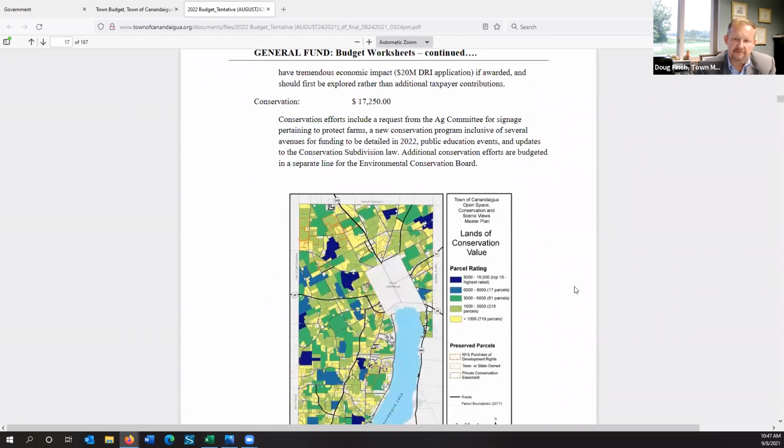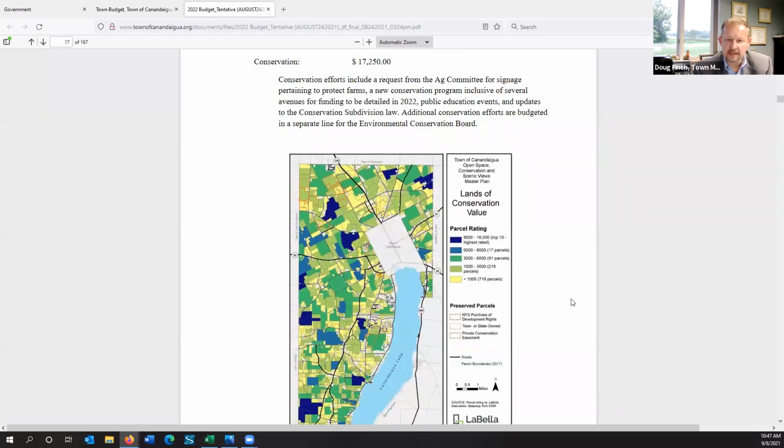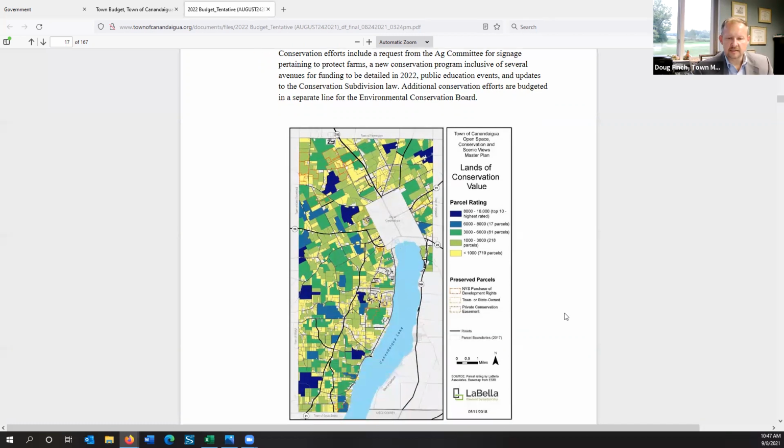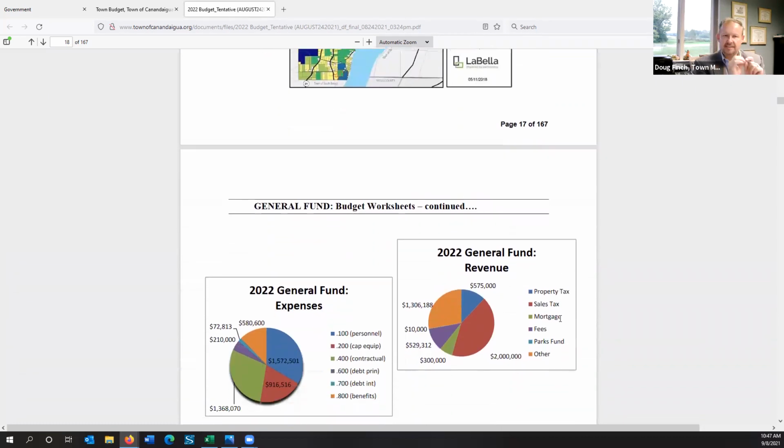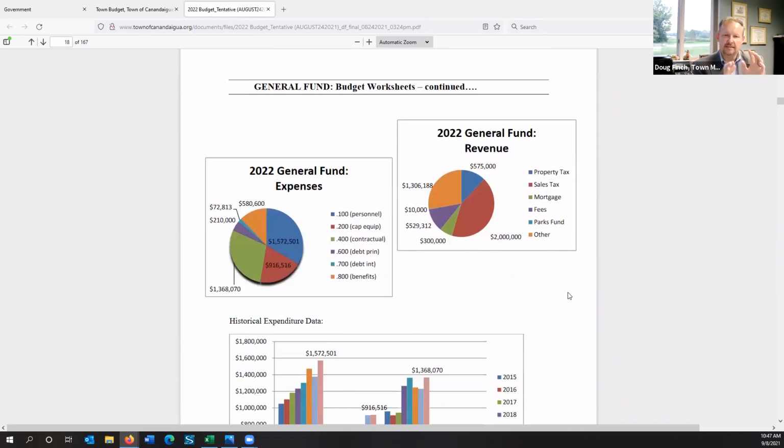And then some money for conservation efforts as we continue to look at conservation programs in the town of Canandaigua. That includes our Farmland Protection Implementation Grant Program, as well as other conservation programs as we continue to explore. That just touches the tip of the iceberg on so many different things that are included in the general fund when you really start to dig into the details.